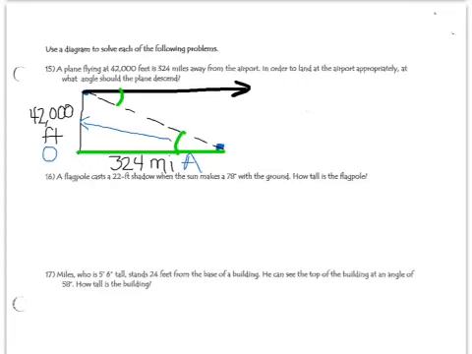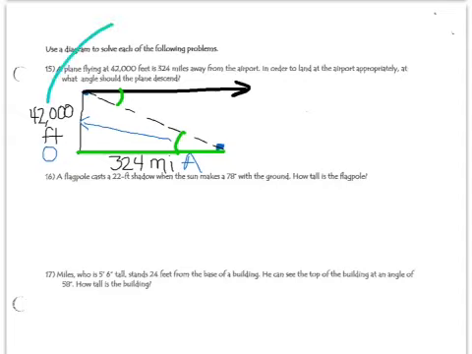But before I go setting up any trig ratios, I need to deal with a little problem. Here I have 42,000 feet. Here I have 324 miles. So before I can proceed, I need to convert one into the other. I'm going to go ahead and convert everything into miles.